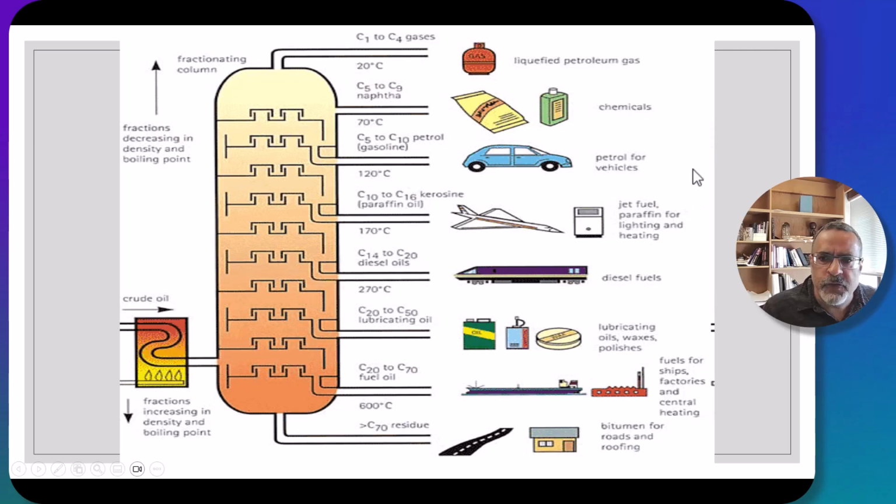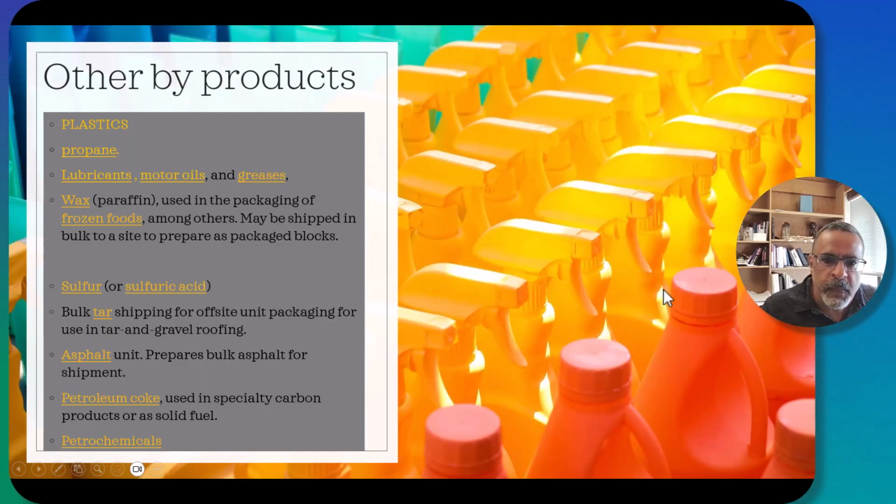We have a variety of petrochemicals that derive from crude oil. Gasoline and jet fuel are different products, and so are diesel fuels. As you know, some automobiles also take diesel fuels, but they're primarily used in railways. We have a variety of other petrochemical products that are vital to our industrial complex: lubricating oils, waxes, and polishes, and then, of course, asphalt, bitumen for roads and for roofing.